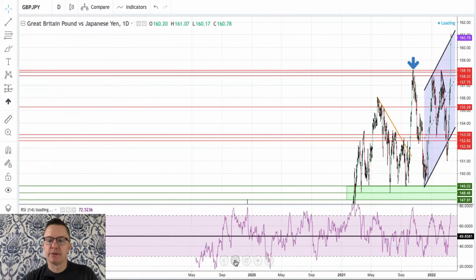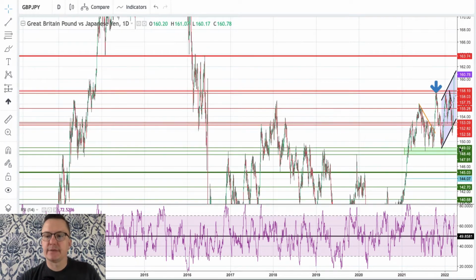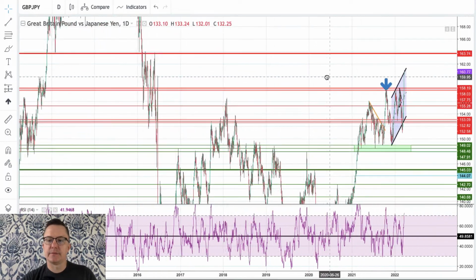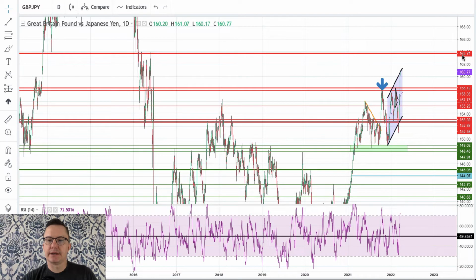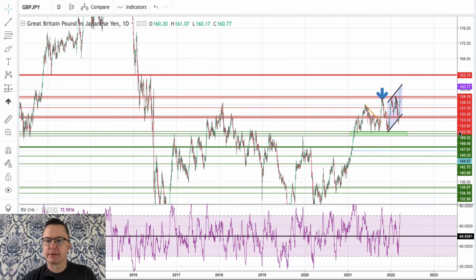However, if we zoom out, as you can see, I'm trying to find some levels here, and the next eventual target from here is at 163, let's say the 164 level. So this is apparently the current 164, 163.74.